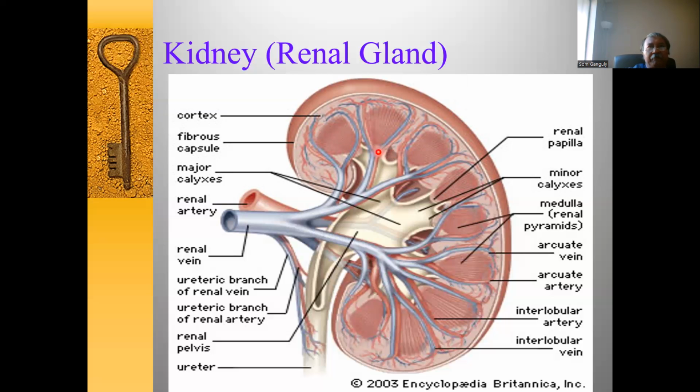Then the renal medulla tip, which is called the renal papilla, comes to this off-white colored channel called the calyx. Calyces become a major calyx when multiple calyces are collected together in a major funnel-like structure. The major calyx then becomes the renal pelvis and courses down as the ureter.